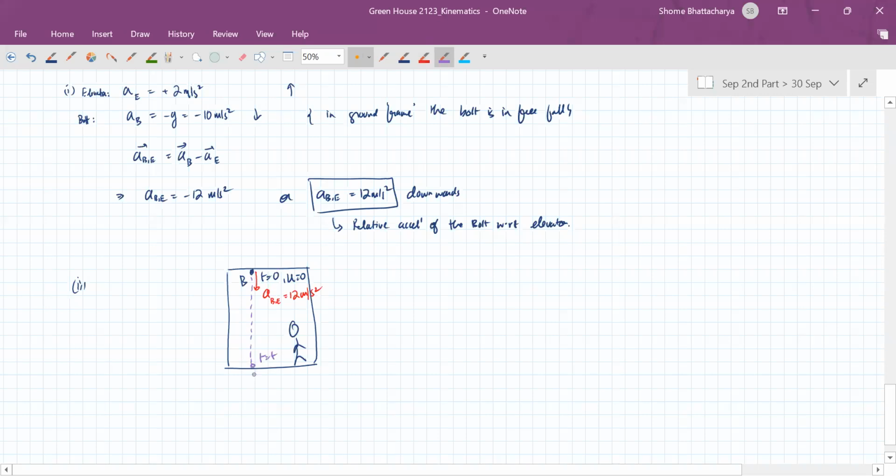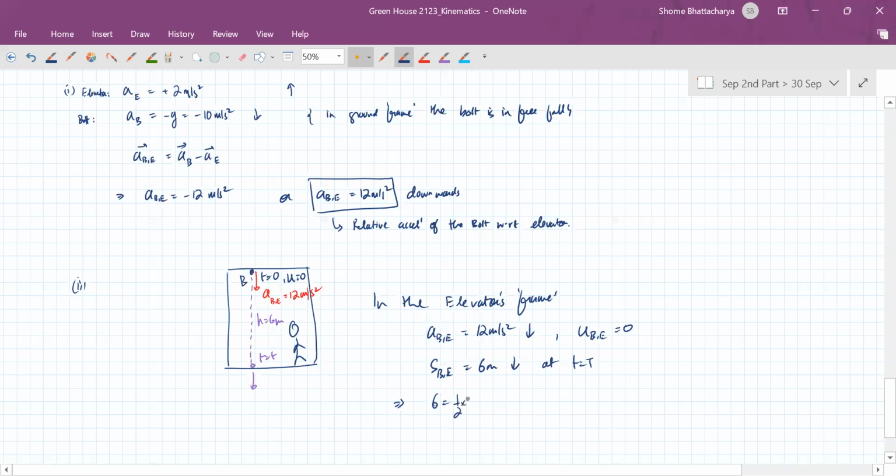And at some time t, it hits the floor after having completed a displacement of 6 meters. So in the elevator's frame, initial velocity of the bolt is 0, and displacement of the bolt is equal to 6 meters downwards at t equal to t. So 6 should be equal to half into 12 into t square.